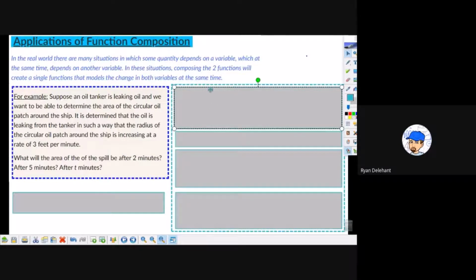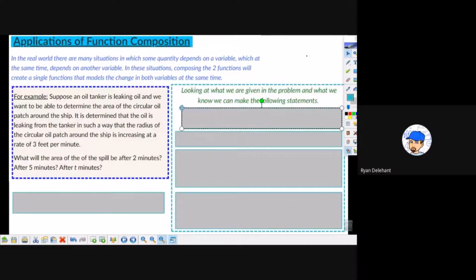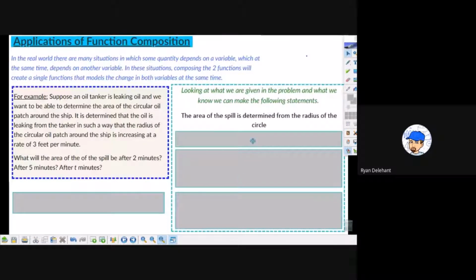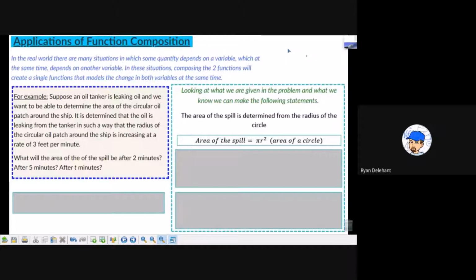So let's talk about some conclusions here. We can make the following statements. The area of the spill is determined by a circle, right? How do we find the area of a circle? Area of a circle is pi r squared, right? Given formula. So as long as I know the radius of the circle, I can figure out how much area it's encompassed, how much of the water is covered in oil.